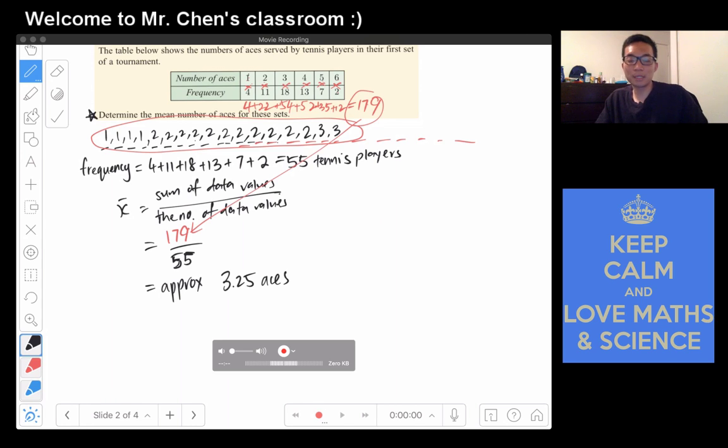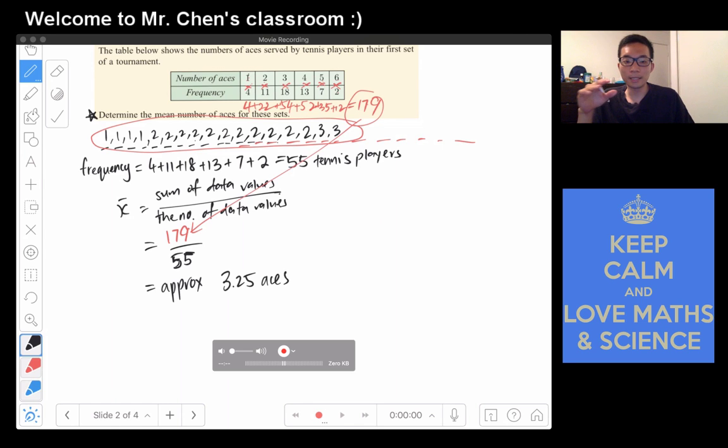What that means for this data is that it's actually quite useful. It can tell you, if you want to see how well you are as a tennis player, if you hit above 3.25, that means you are above average, you're better than the middle.